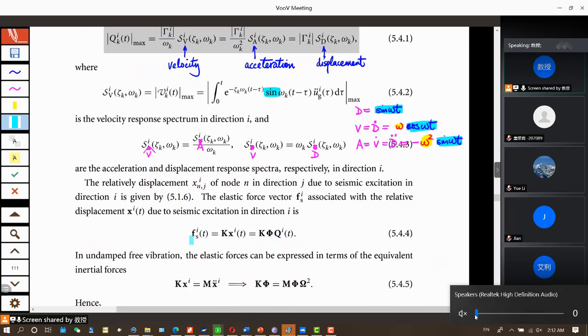So the spring force or elastic force is the stiffness matrix times the displacement vector, and the displacement vector is V times Q in terms of the modal response. There's also a relationship between K and M, so the elastic force can also be written as this. Here it's in terms of the stiffness matrix, here in terms of the mass matrix. Either one is fine.